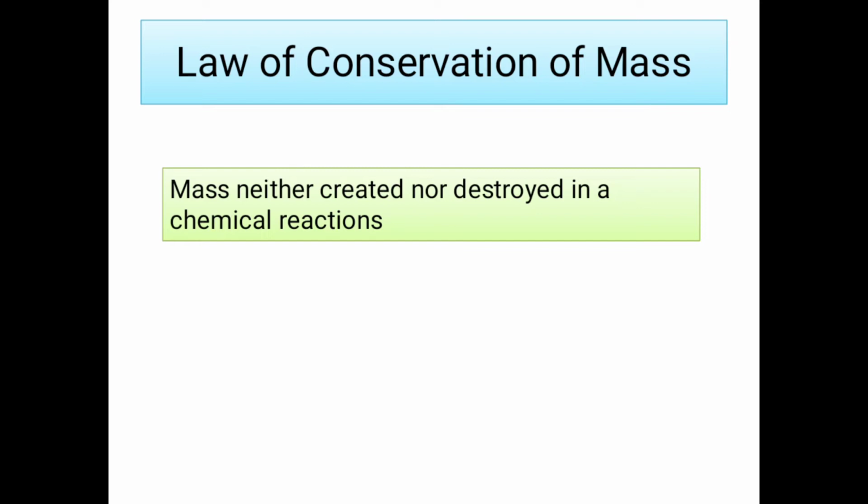So first you have to write the stoichiometric equation. Then you have to convert the moles into kilogram. To convert the moles into kilogram, you have to multiply the moles with its molecular weight. Then you have to balance the equation. You have to write the material balance.